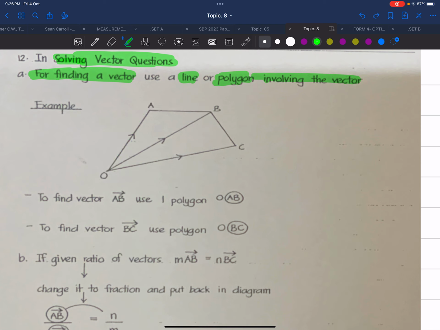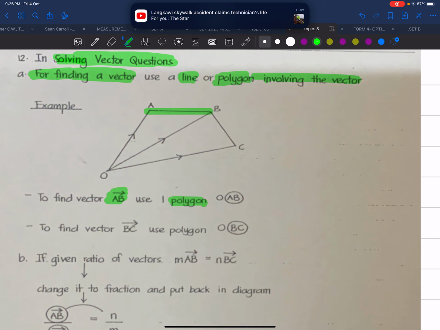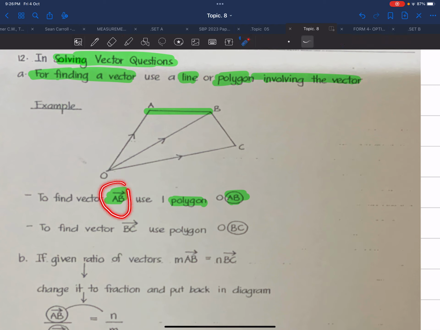We want to find the vector AB. So if you want to find vector AB, which is over here, you must use the polygon involving the vector AB. What is the polygon? I repeat, if you want to find the vector AB, you must use the polygon involving the vector AB, which is the polygon OAB.